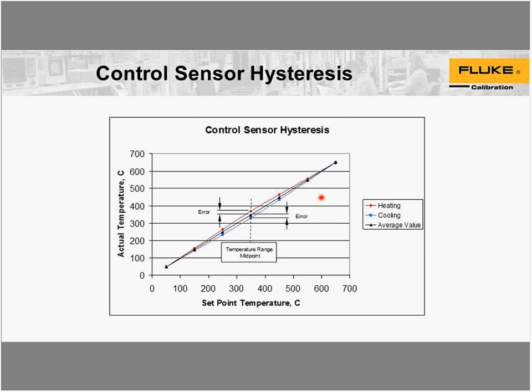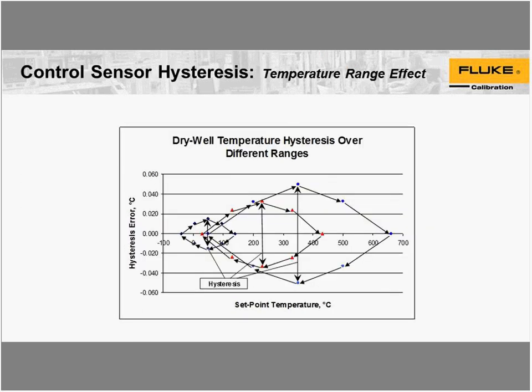So that can be understood, you can go through the process of testing hysteresis over a temperature range that you intend to use. Now notice, this is a different way of looking at the same kind of material.